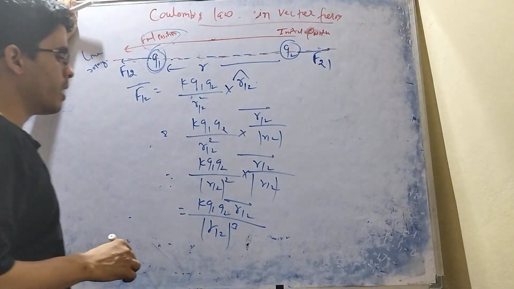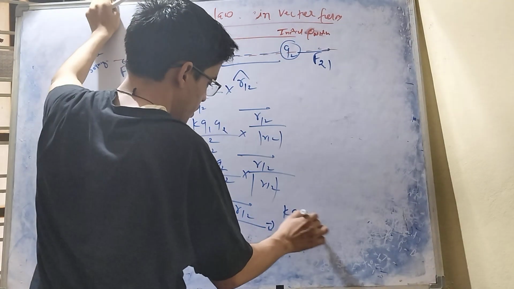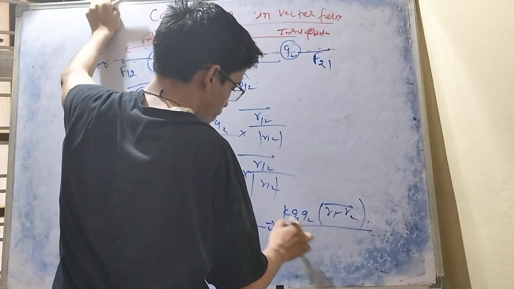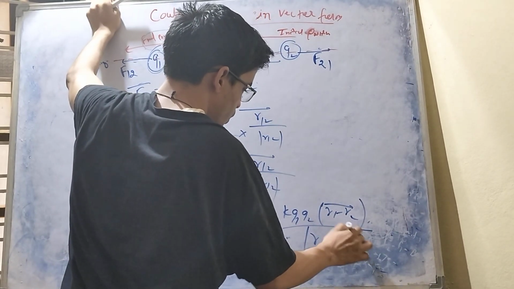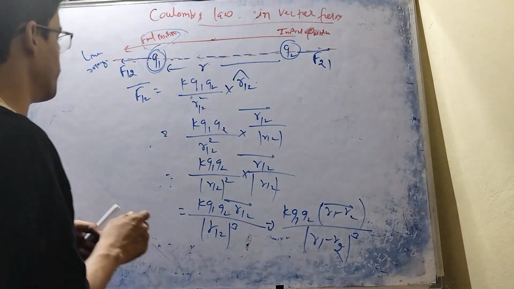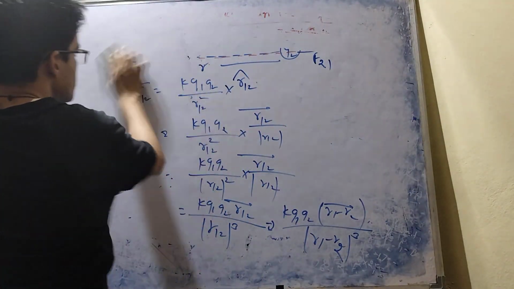Correct? Now one thing, can I write this as K Q1 Q2 (R1 minus R2) vector upon R1 minus R2 mod cube. So this is actually the vector form of Coulomb's law.